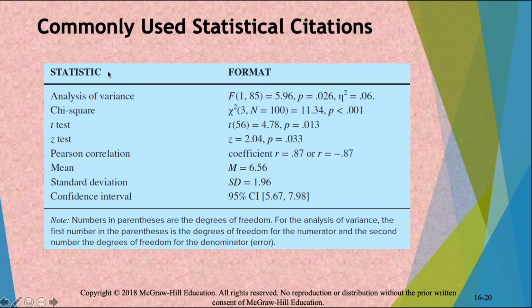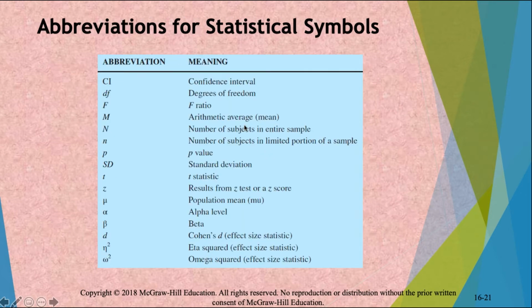Usually this is the format of the table you are going to follow based on APA style. Don't forget to have abbreviations at the beginning, before you start an abstract, to define the meaning of each abbreviation. For example, CI confidence interval, DF degrees of freedom, F ratio, and so on.